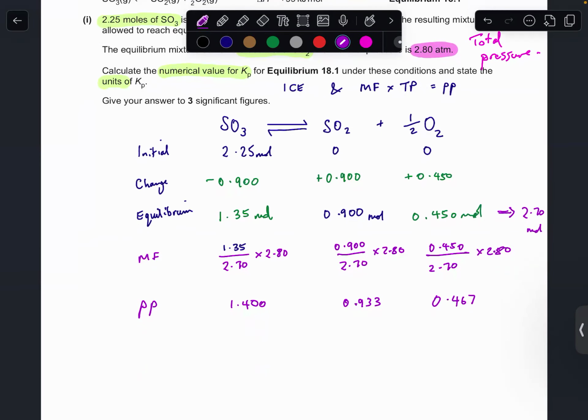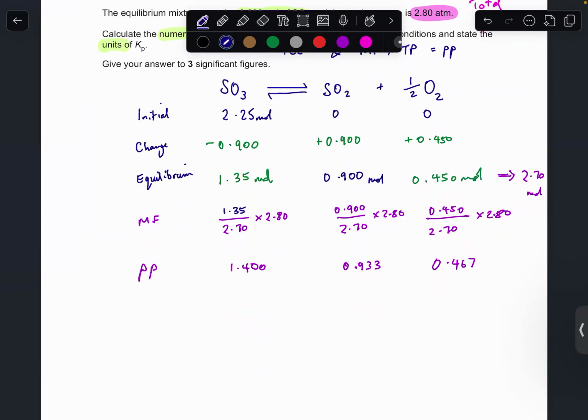What we then do, let's work out the equilibrium. The Kp expression is going to be products, and we use a small p and curved brackets, times the partial pressure of O2, but this time is to the power of half. Wherever the big numbers are, you raise them to the power, over the partial pressure of SO3.